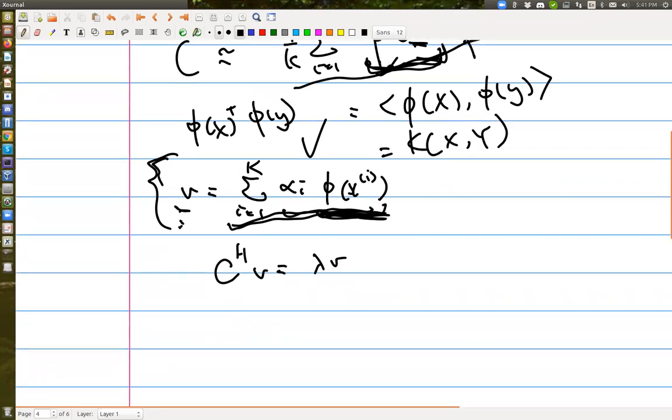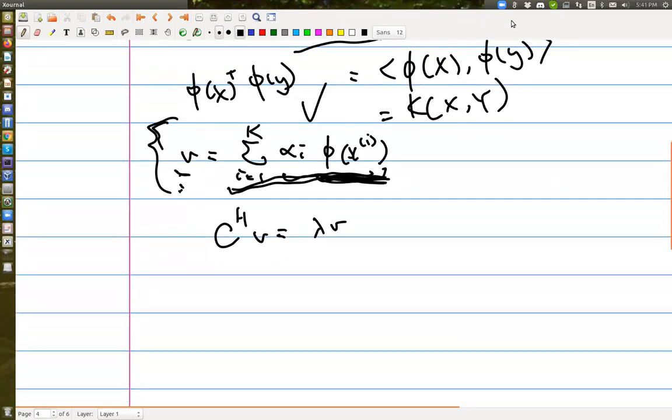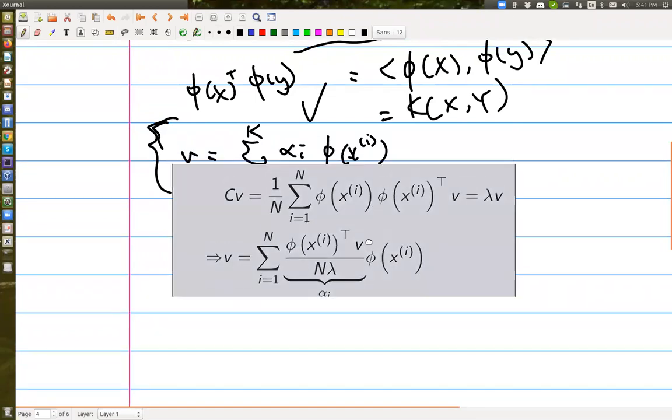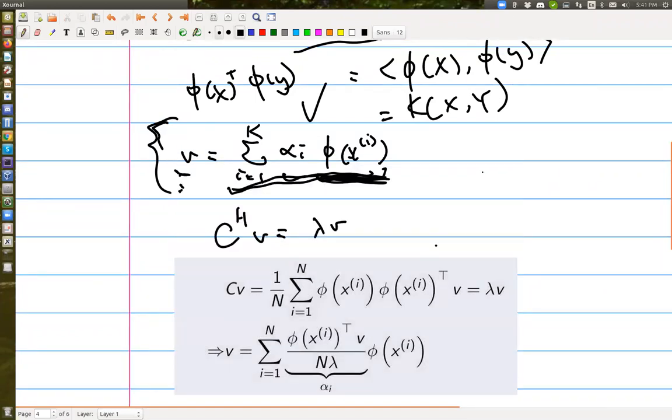Maybe I just copy from here, that will be quicker. So here CH, I call it C here. Let's say if this is an eigenvector, I have CV equal to lambda V. And C is just, okay, I'm sorry, I use N here now.